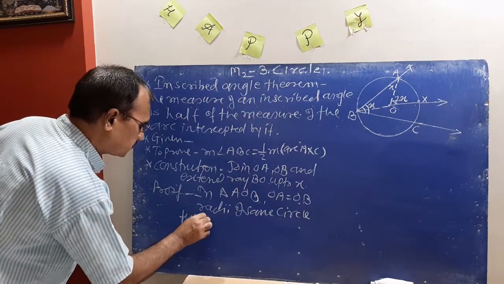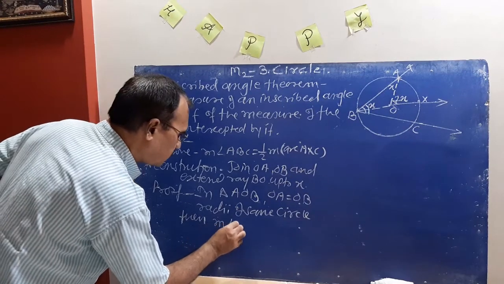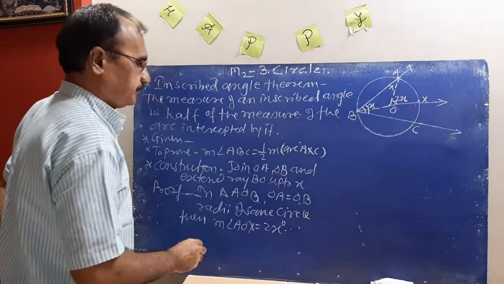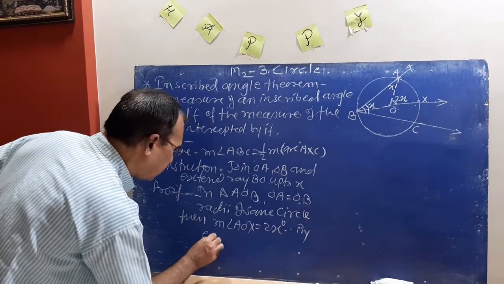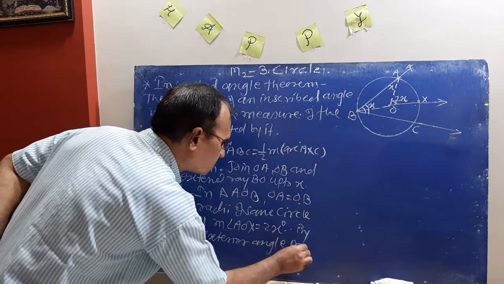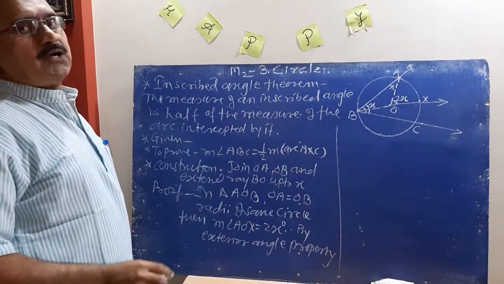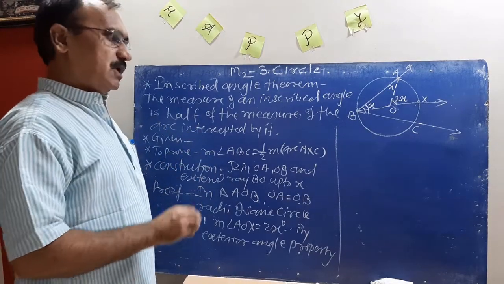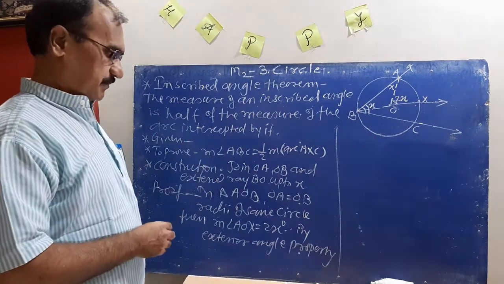Then measure angle AOX is equal to 2x by exterior angle property. Only try to understand here, and you write this proof with the help of your textbook. Don't write here. Here only see and try to understand how we can prove this theorem. Very easy theorem.